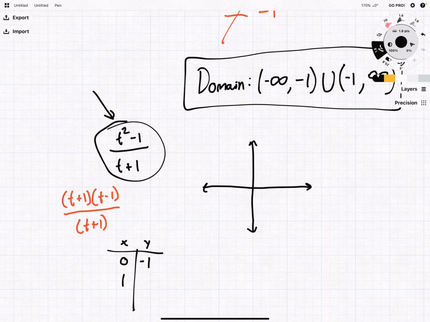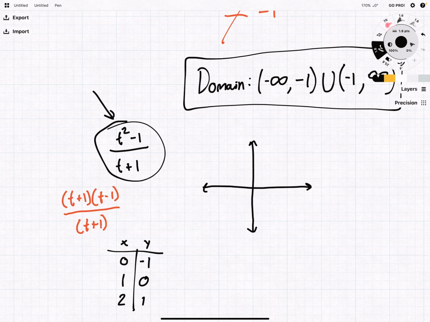If we plugged in 1, we'd have 1 minus 1 is 0 over 2, so that would give us 0. If we plugged in 2, we would get 4 minus 1, which is 3, all over 2 plus 1, which is also 3. So that would just give us 1. So it looks like an input of 2 would give us 1.